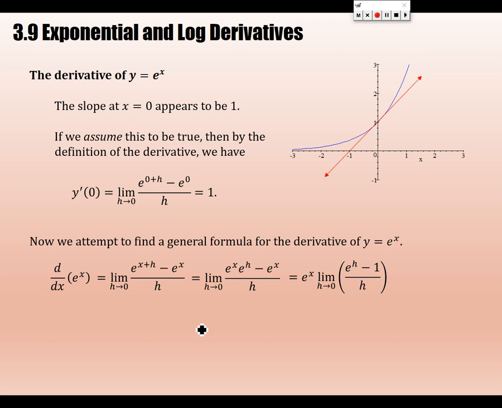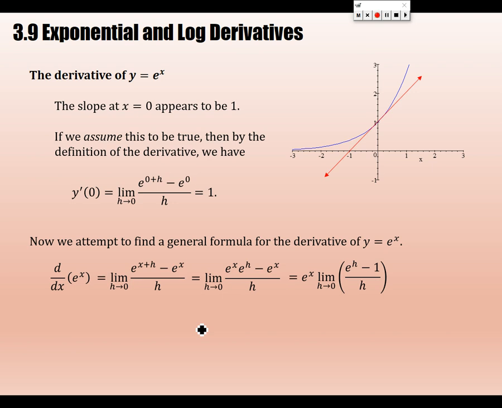And so when we factor it out, we can take it all the way outside the limit. And now the only thing at play is this. We're wondering what is the limit of this remaining quantity that doesn't involve an x. It just involves h. And we have already asserted, at least we think, that e is maybe that number that makes that limit come out to be what? 1. You see what we've done there?